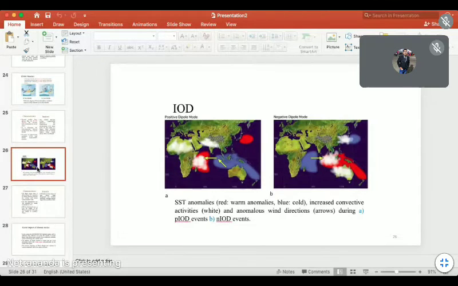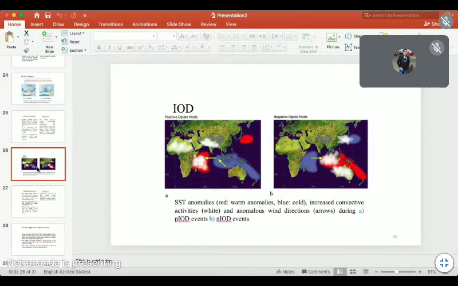You see, in the Indian Ocean, on the Madagascar side, east of Africa, this is positive IOD. Cooling is happening on the Indonesia side, and warming is on the Madagascar side. That means western side of Indian Ocean warming and eastern side of Indian Ocean cooling.